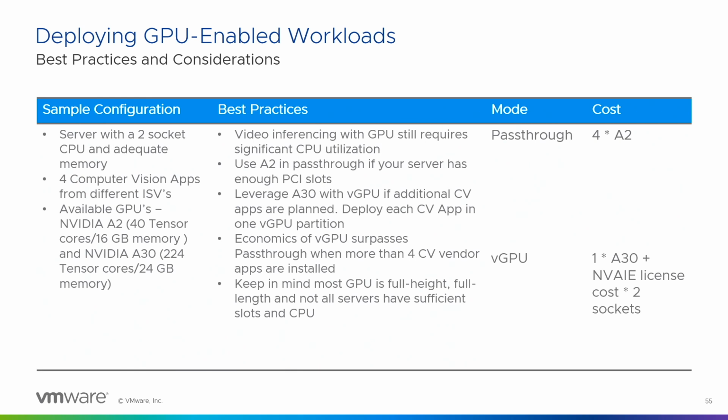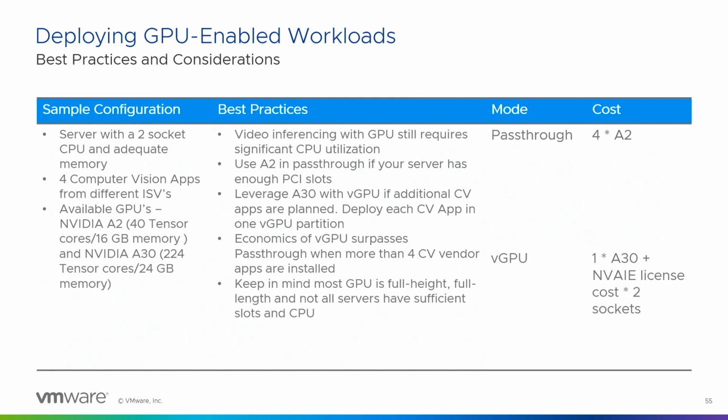And so here are some of the best practices when it comes to that. We're giving you an example here. Let's say you have a server with two sockets and you have multiple computer vision applications. What do you choose? At the edge, because of so many sites and the costs involved, do you choose pass-through or Dynamic Direct Path I/O versus vGPU?